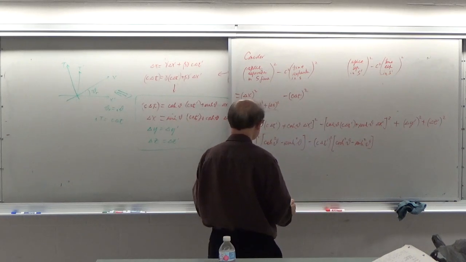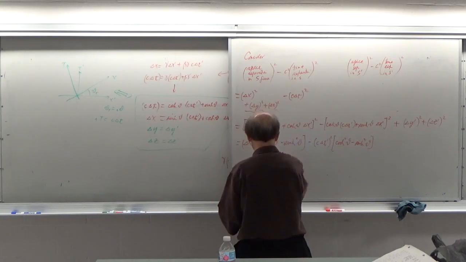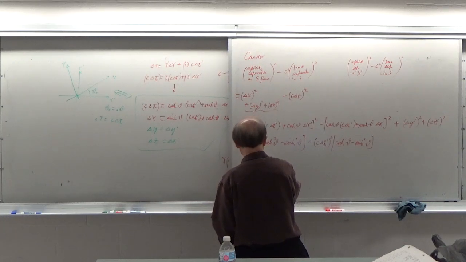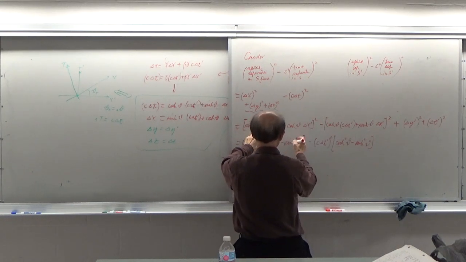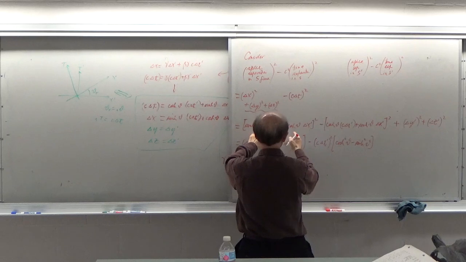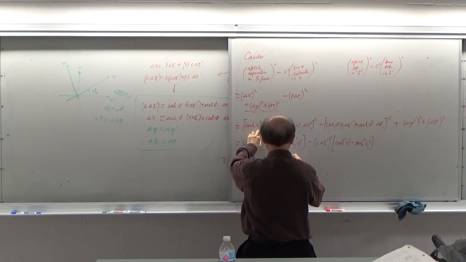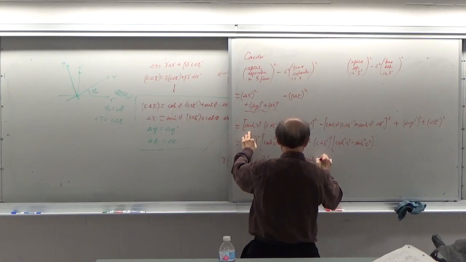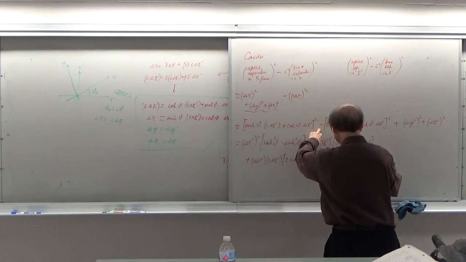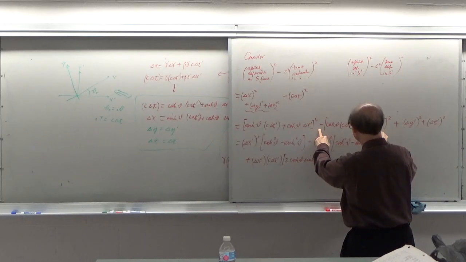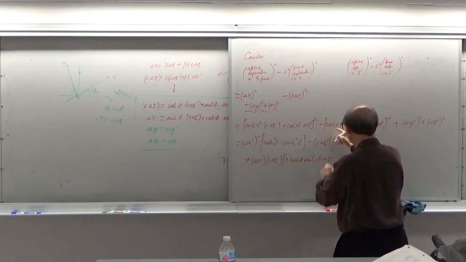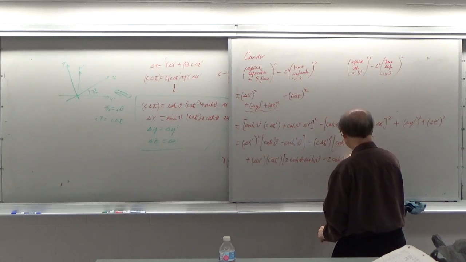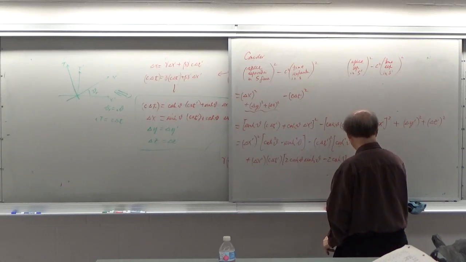Now the cross terms. Cross terms involve delta x prime times c delta t prime. I have 2 cos theta sinh theta coming from this, and then minus the cross term, this 2, lo and behold, cos theta sinh theta.